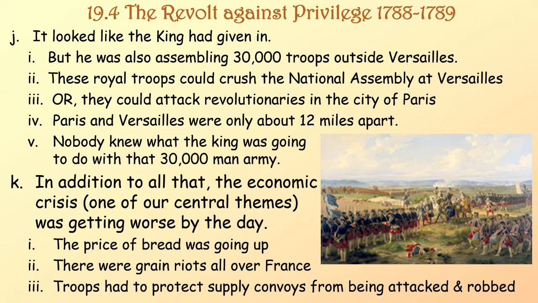Nobody knew what the king was going to do with that 30,000-man army. And in addition to all that, the economic crisis, one of our central themes, was getting worse by the day. The price of bread was going up. There were grain riots all over France, and troops had to protect supply convoys from being attacked and robbed.